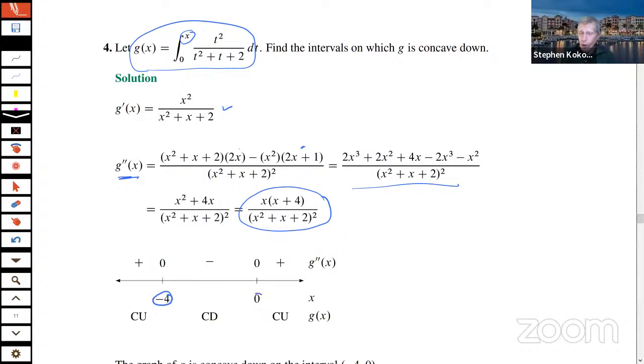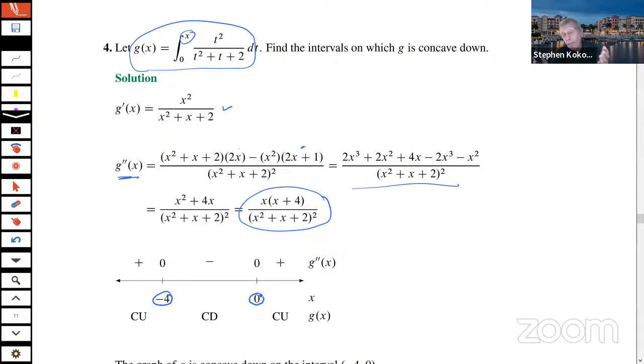I know that it's 0 at 0. That divides up my domain, my x-axis, and gives me some intervals to take a look at. And now what I'm going to do is plug in values and try to determine the sign of g double prime. We've talked a little bit about this before, Curtis. Some people like to actually take specific values of x and plug them in.